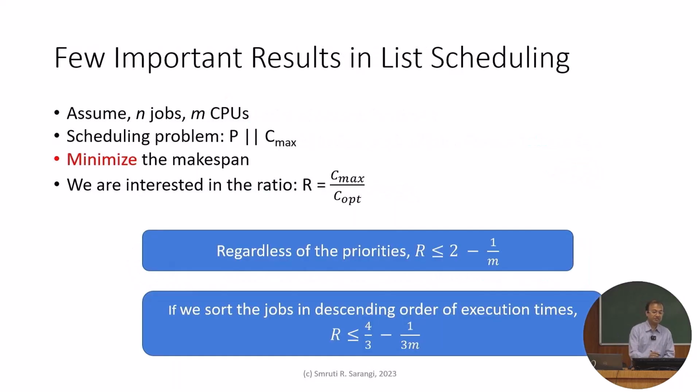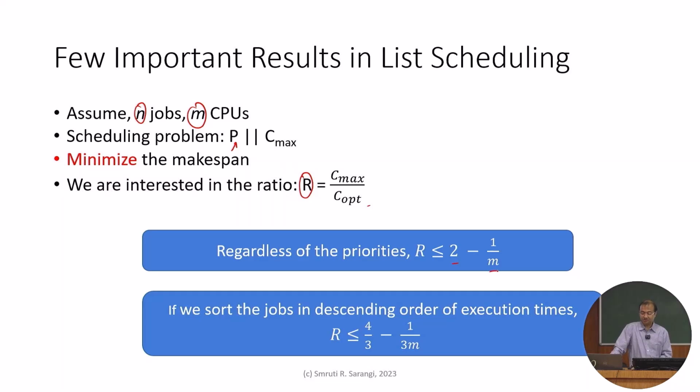So specifically, if I have n jobs and m CPUs, the scheduling problem I'm looking at is P, then there is no constraint, so there is no preemption, right? And then I want to minimize the makespan Cmax, and I'm interested in this ratio Cmax by COPT. I claim that regardless of whatever priorities you assign, as long as there is no idling, R is less than or equal to 2 minus 1 by M.